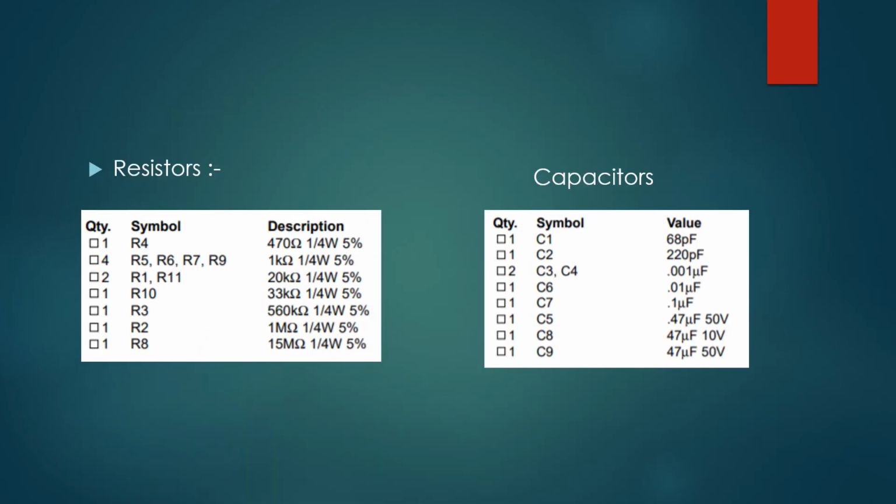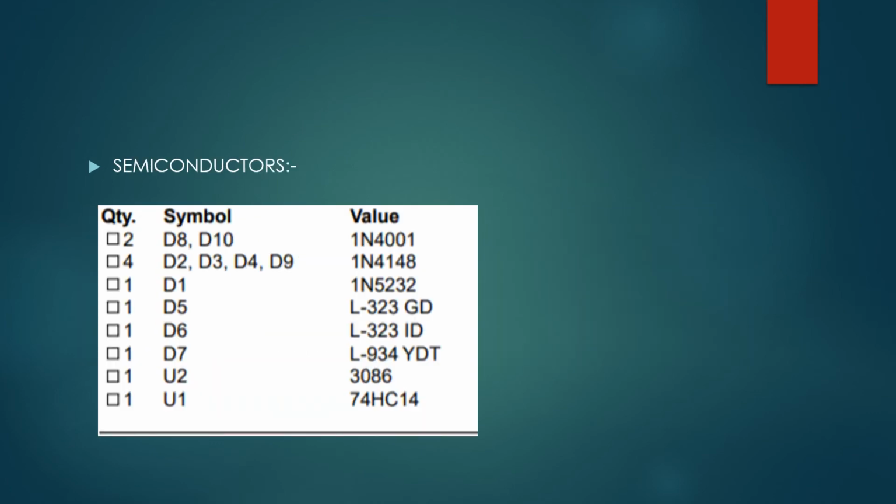As for the resistors, there are fewer compared to the 525 probe we have seen before, about 10 resistors varying from 470 ohms to 15 megaohms, and about 9 capacitors. As for the semiconductors, there is just one Zener diode and there are two ICs.